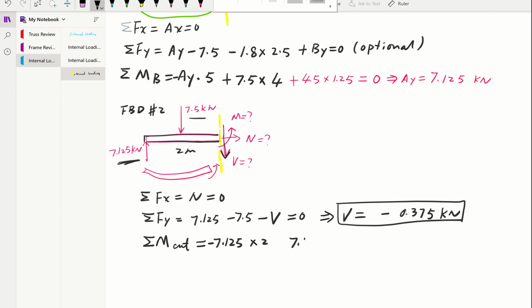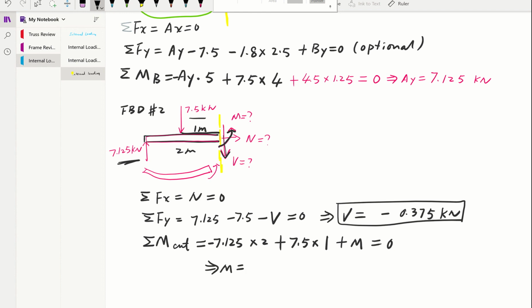Then we have this 7.5 times moment of arm for here, it's 1 meter times 1, that's counterclockwise, so it's positive. Then we'll have this moment. This moment is happen to be counterclockwise, so that's going to be plus M. That equals 0. Okay, so then we can solve this bending moment, M.